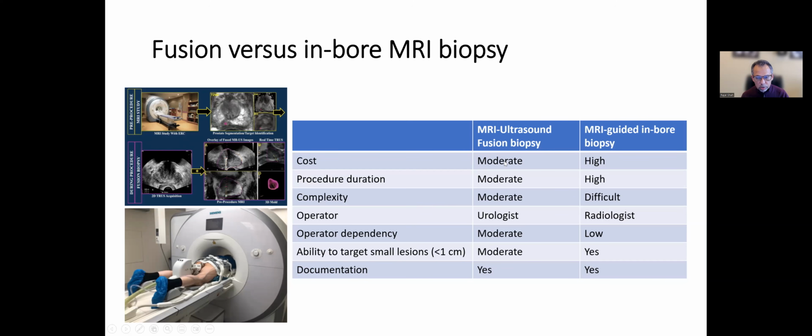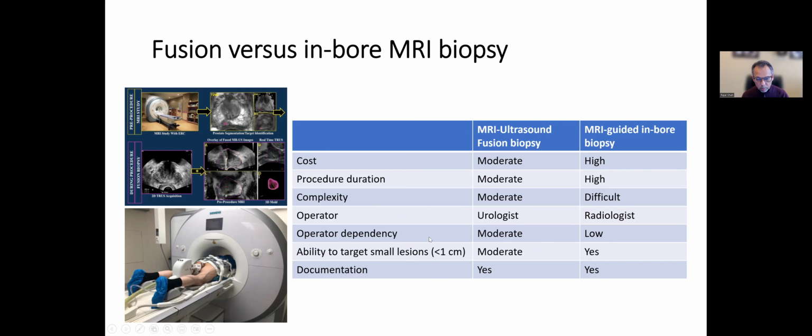So this table shows you the comparison between MRI-ultrasound fusion biopsy and MRI-guided in-bore biopsy. MRI-guided in-bore biopsies are quite expensive. They take longer and are a lot more complex. The operator is typically a radiologist, compared to a urologist for MRI-ultrasound fusion-guided biopsies.